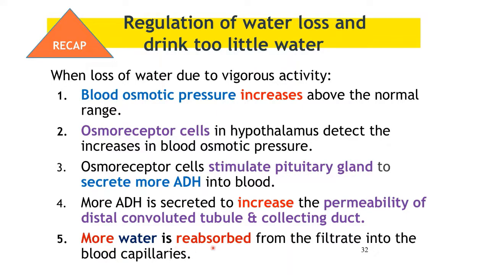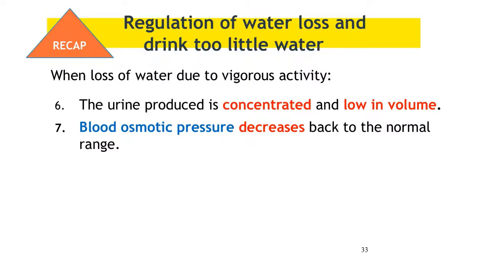More water is reabsorbed from the filtrate into the blood capillaries. The urine produced is concentrated and low in volume. Blood osmotic pressure decreases back to the normal range.